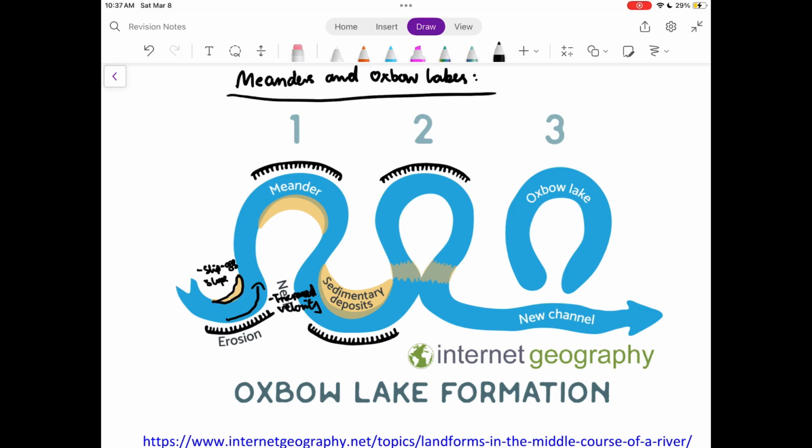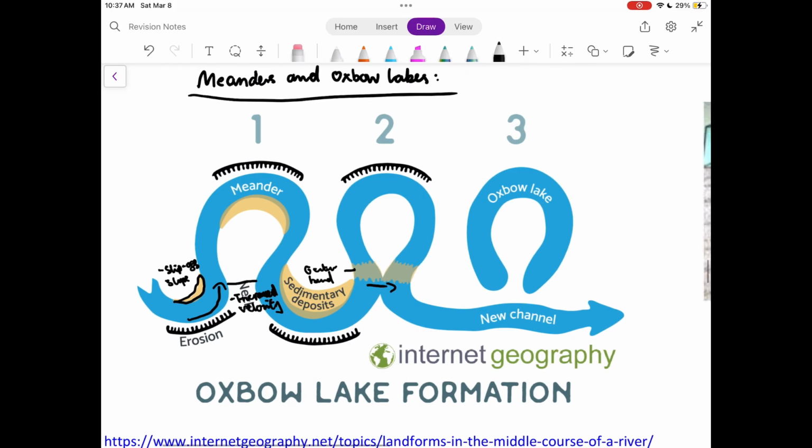Okay, and this process will continue, and eventually it forms a neck of a meander. This is when the two corresponding streams get closer and closer together. Eventually the water will break through here when they both connect. This results in deposition on what is now the outer bend because there is less velocity.